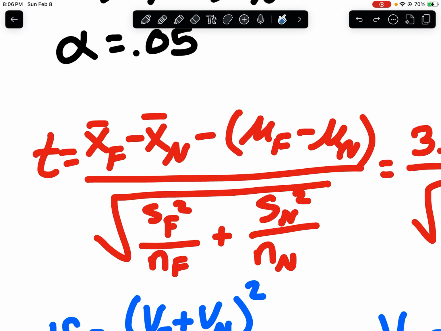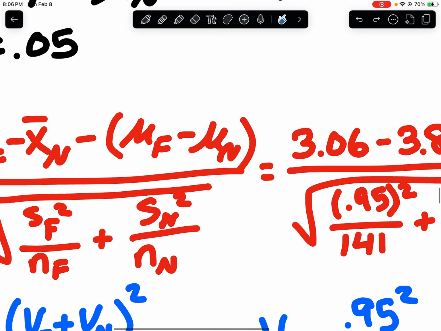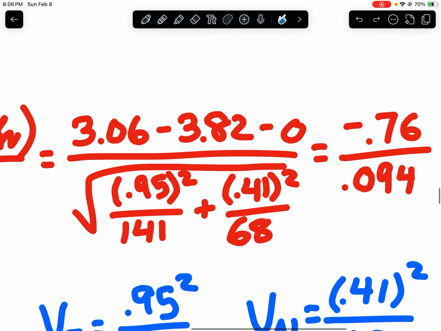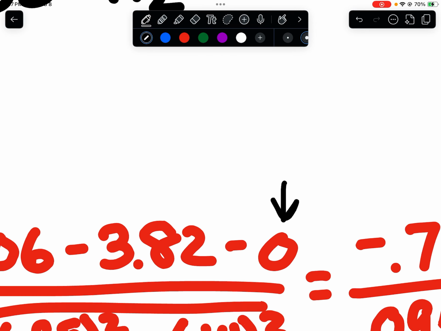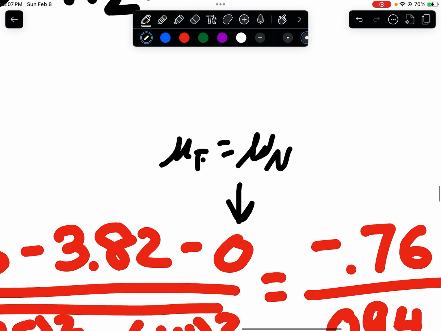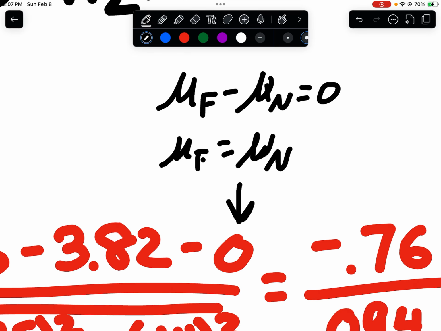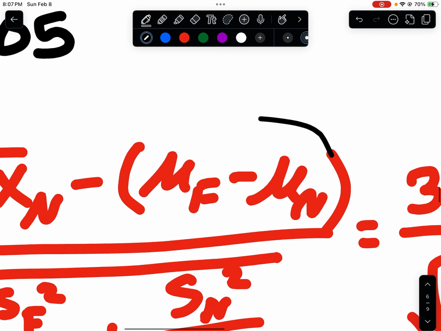So again, we're going to go find that t statistic. Here is the formula we're going to use. I'm going to go with the 3.06 minus the 3.82 minus the 0, because this piece here is the assumption that the average for Facebook equals the average for not Facebook, which implies that Facebook minus not Facebook would be 0.